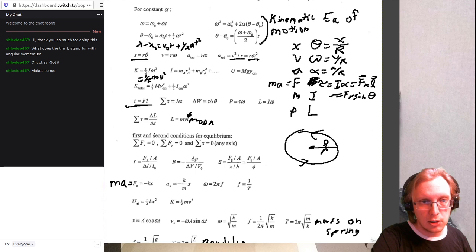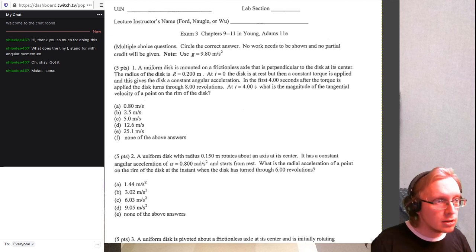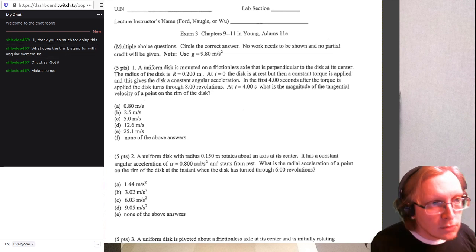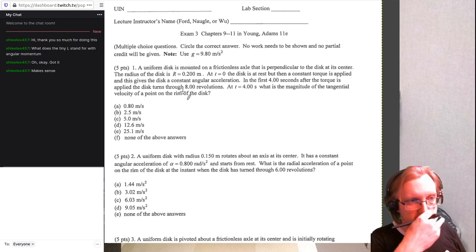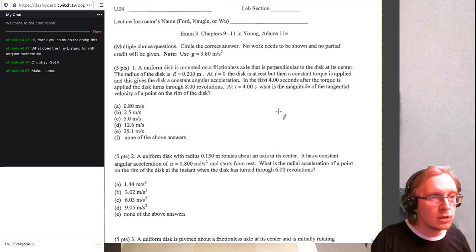Okay. Back to the top of the exam, and we'll see how far we can get. Okay, so let's see here. A uniform disc mounted on a frictionless axle, perpendicular to the disc at its center.